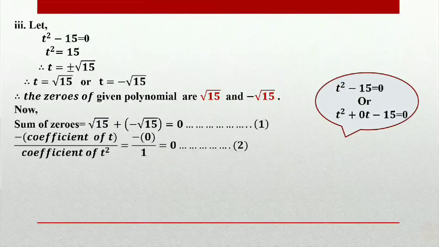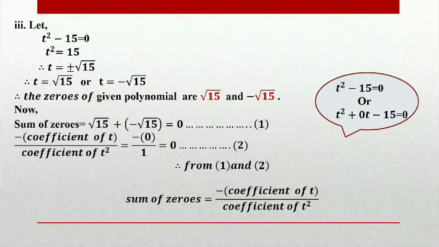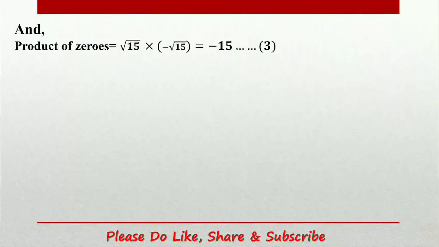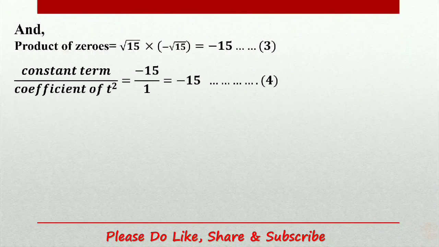Okay. Therefore, from 1 and 2, we can write sum of zeros is equal to minus coefficient of t upon coefficient of t square. And product of zeros is equal to root 15 into minus root 15, which is equal to minus 15. Now give it as equation number 3. Now, constant term upon coefficient of t square is equal to minus 15 upon 1, which is equal to minus 15.